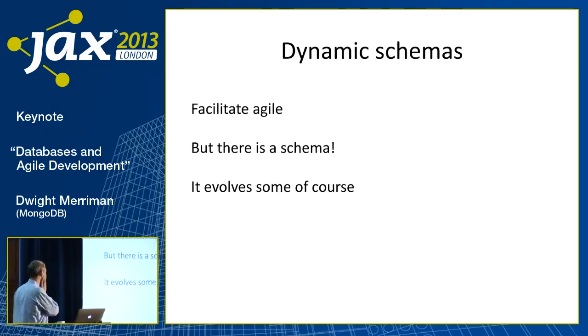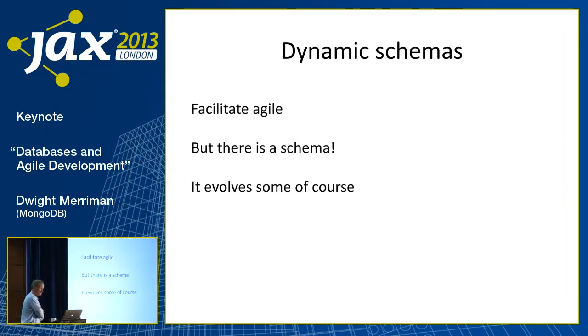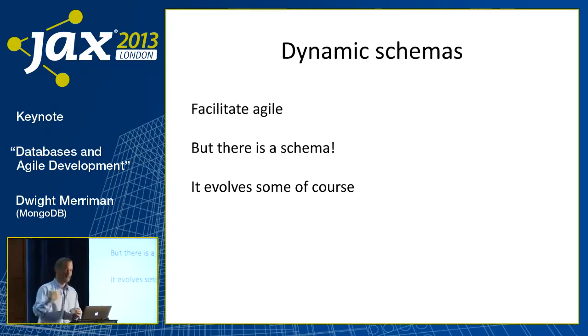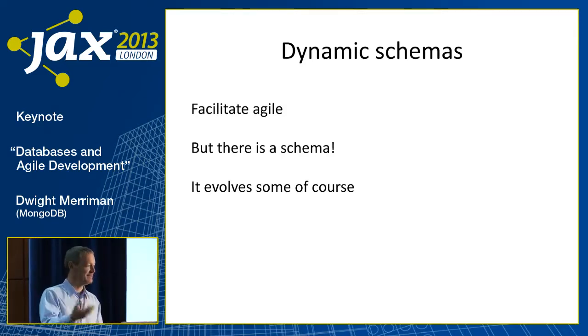Most of the NoSQL products, or even maybe all of them, have what I would call a dynamic schema, right? It's easy to add extra fields or columns or whatever you want to call them. So that's pretty interesting, and that really does fit super well with iterative development, right? You do a release a week, and there's a new field this week in some collection. Not really a problem, right?